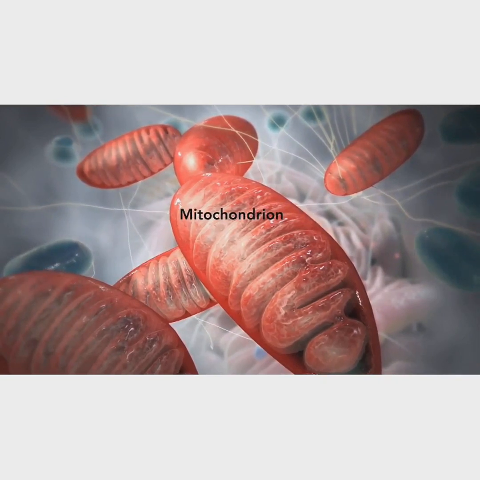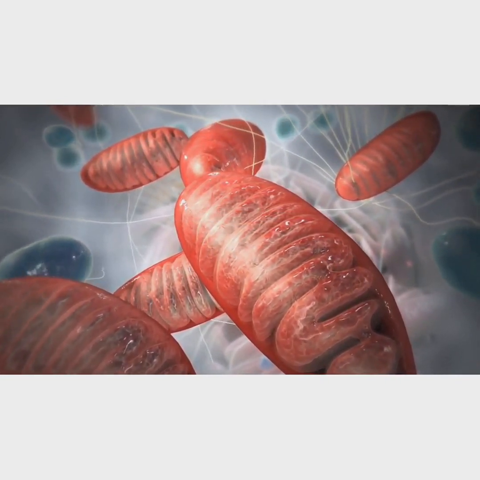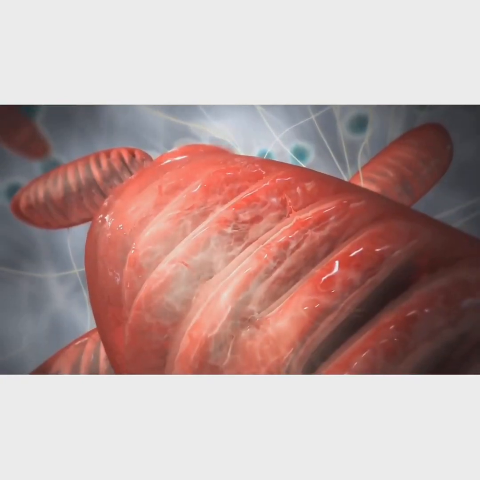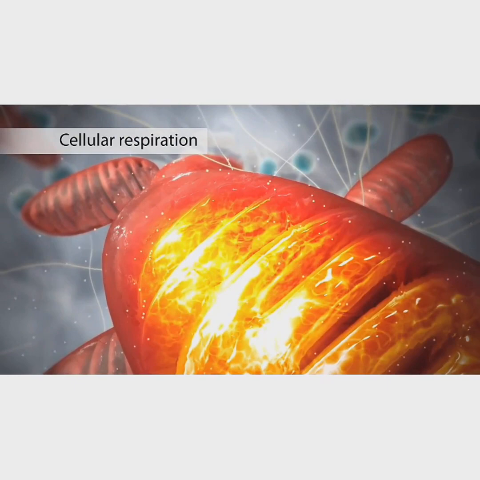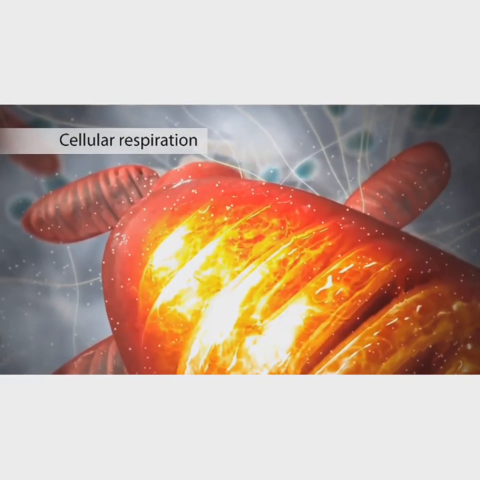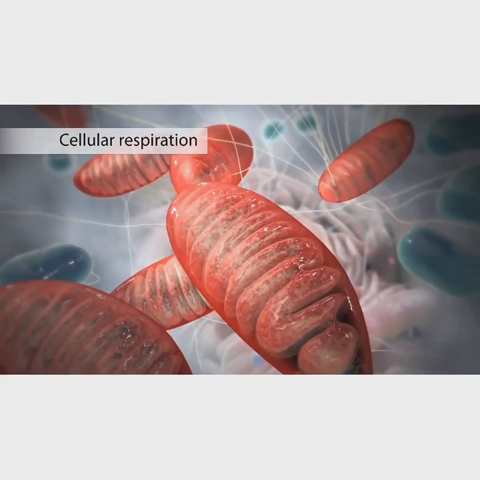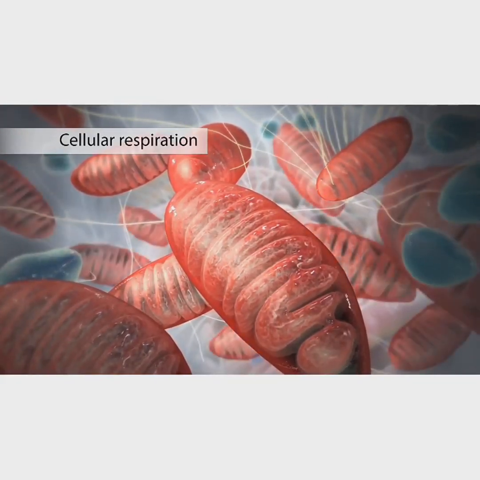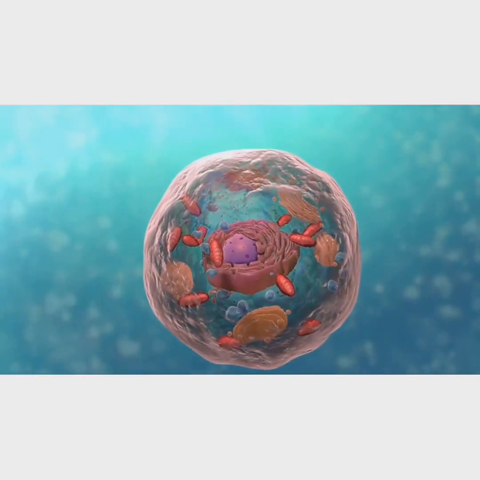The mitochondrion, on the other hand, is an organelle that is the powerhouse for both animal and plant cells. During a process called cellular respiration, the mitochondrion makes the molecules that provide the energy for all the cell activities. Cells that need more energy have more mitochondria.